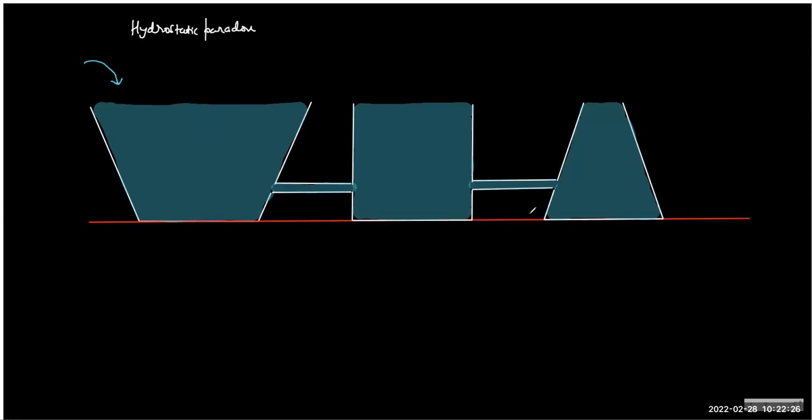Now because the base area is the same, it really doesn't matter how much is the amount of liquid, and therefore the pressure at this point or this point or this point, even if you take a point below the wall, pressure at every point is going to be equal. So pressure at A equals pressure at B. So pressure has nothing to do with the amount of liquid. It has only to do with the depth of the point from the free surface, nothing less, nothing more. It is clear? Yes, sir.